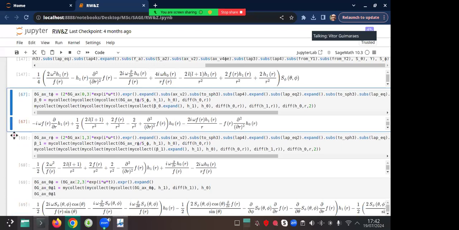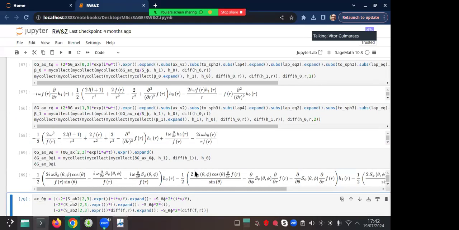So here is one of them, 0, 3. So here is beta 0. Here is 1, 3. I take 1, 3 here. And here is beta 1, exactly in the form that we found, that we saw in the slides.